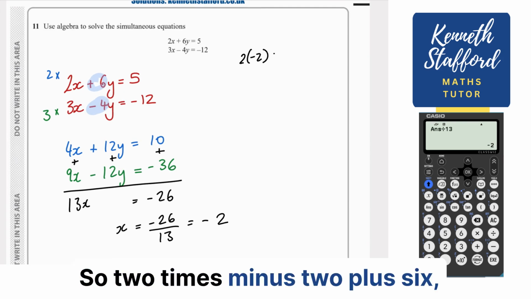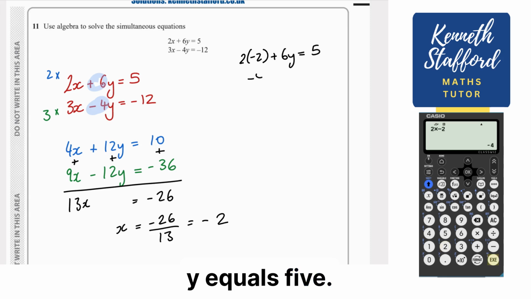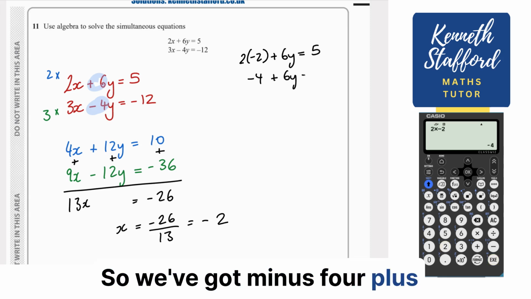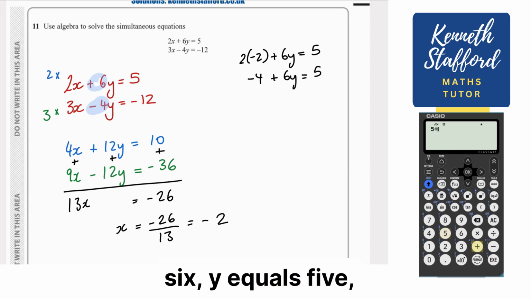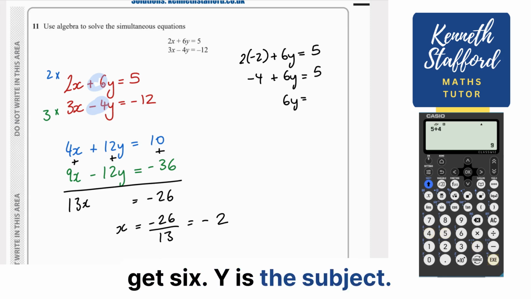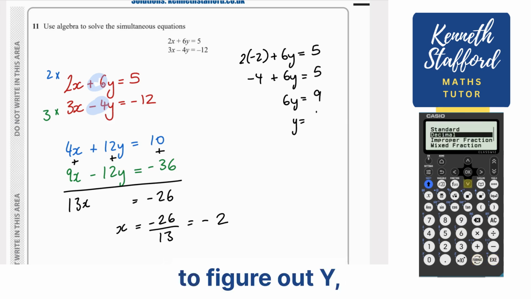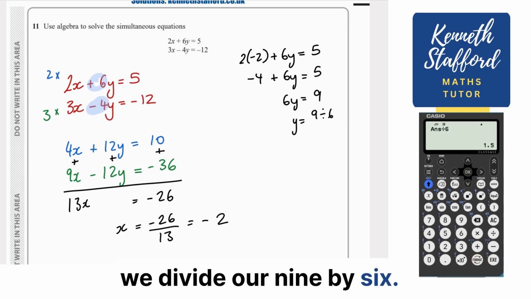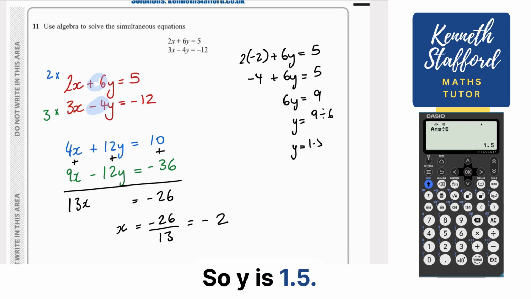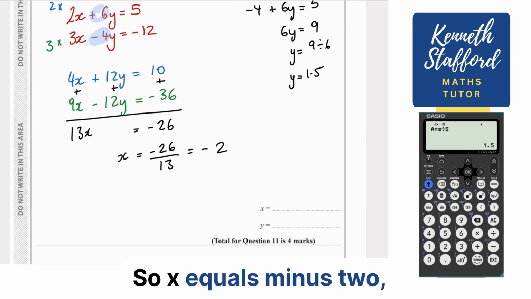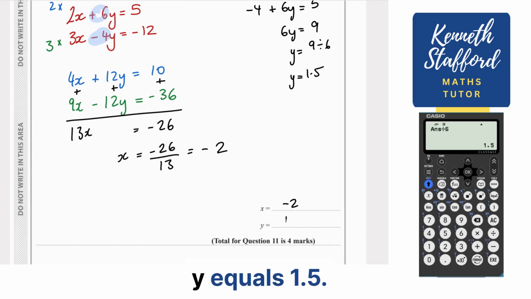So 2 times minus 2 plus 6y equals 5. So we've got minus 4 plus 6y equals 5. Get 6y as the subject, so we add on 4 to get 9. And then finally, to figure out y, we divide our 9 by 6. So y is 1.5. So x equals minus 2, y equals 1.5.